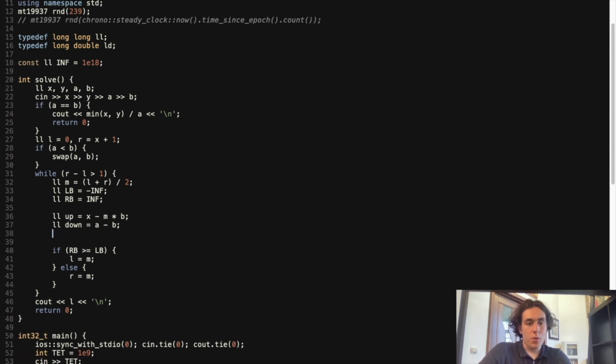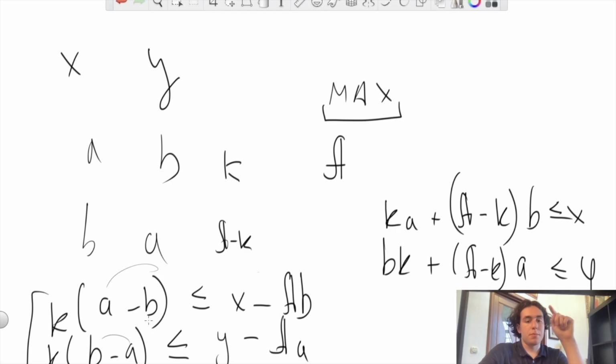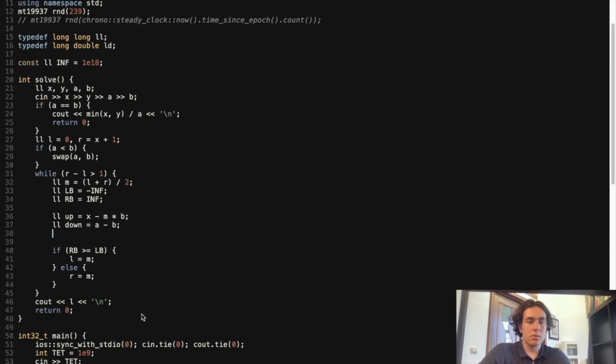So we definitely know that it's an upper bound, so the right bound is up divided by down, but we should take it modulo, right? Up minus up percent down plus down percent down, divided by down.